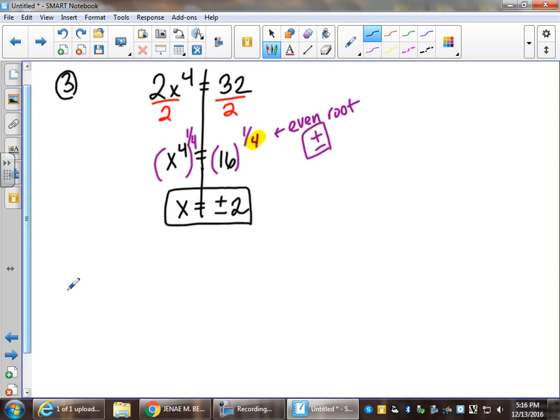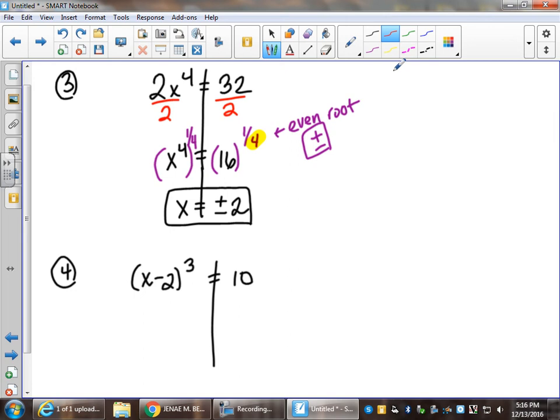Number 4, x minus 2 raised to the third power, all raised to the third power, equals 10. This term is as isolated as it can be because it's all raised to the third power.